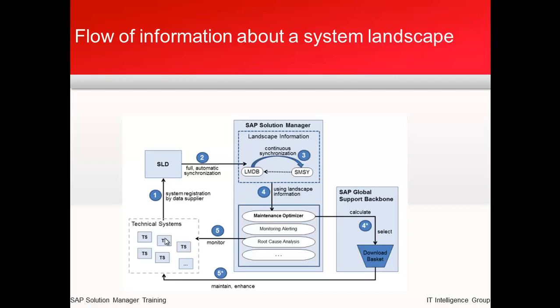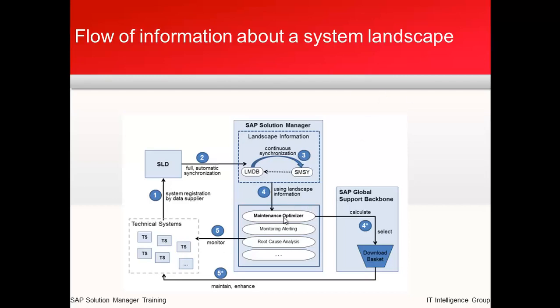The information from the technical system goes to the SLD. From SLD it gets synchronized to the LMDB. From LMDB it gets into SMSY, that is the system landscape. From there the information comes to the maintenance optimizer.